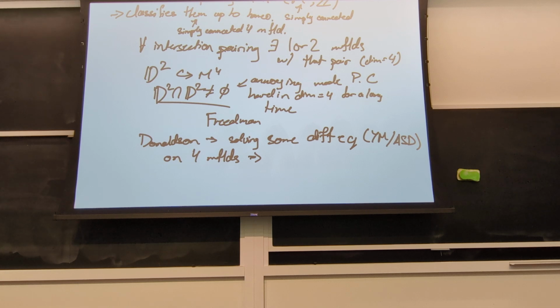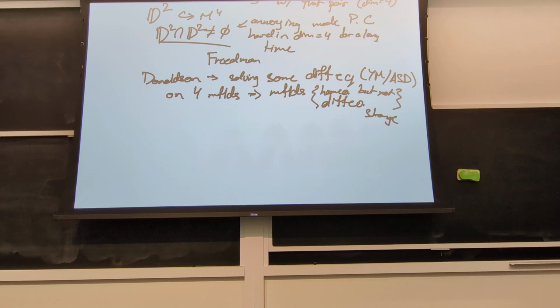Through some very careful analysis, you can check that some solutions to differential equations are going to be different. So you can find manifolds which are homeomorphic but not diffeomorphic. So 4-dimensional things are weird. What this even means is strange. So that's one application.